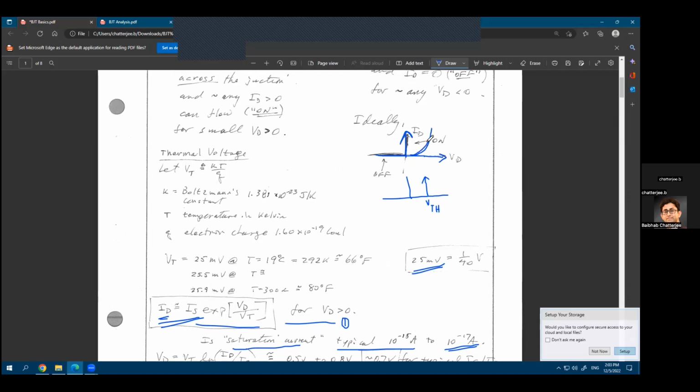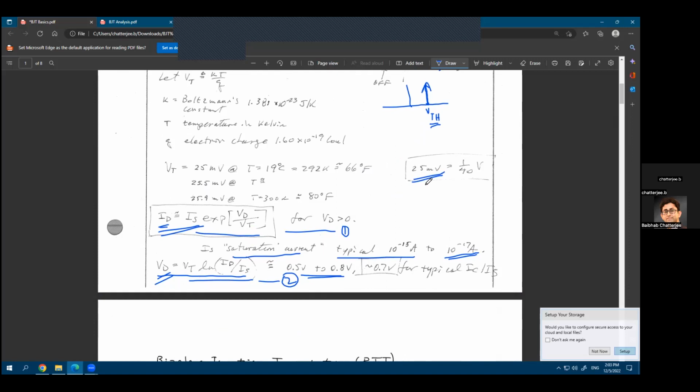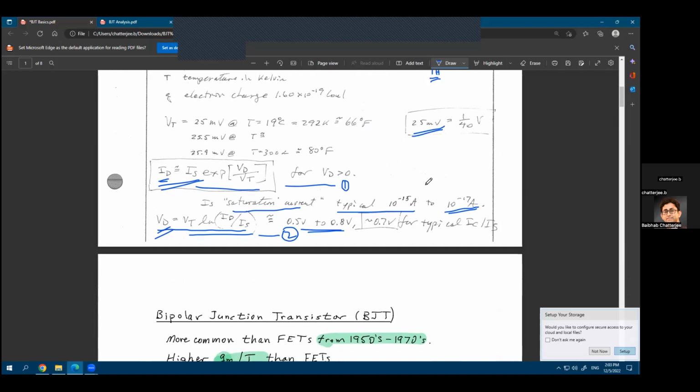So even though the current changes exponentially, sometimes people just approximate the voltage across the diode by a constant quantity, which is the threshold voltage of the diode, and assume that the current increases by a large amount at that point, right? That's an assumption which is okay for simplistic calculations.